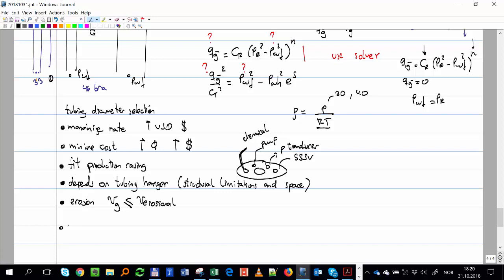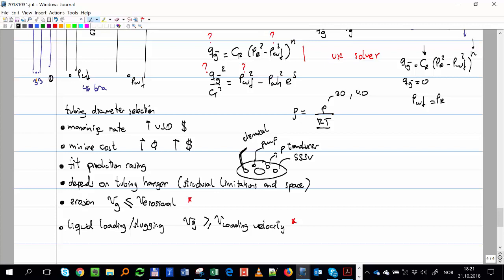And there is one more thing, which is liquid loading in gas wells, and also something similar in oil wells called slugging. The velocity of the gas has to be greater than or equal to a loading velocity. We're going to discuss these two after the break, but just keep them in mind, because after that we're going to make the exercise.